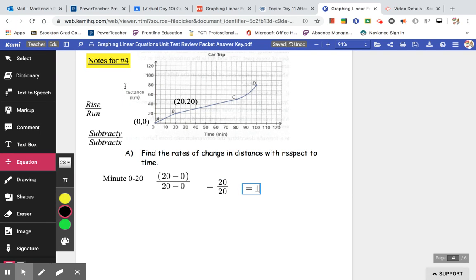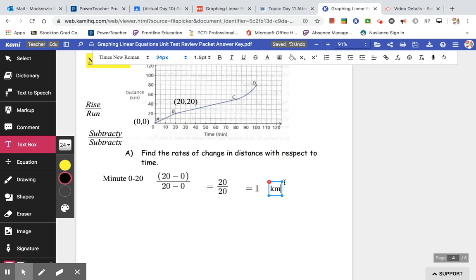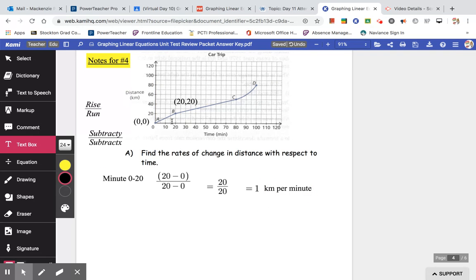And then we always take our y value per the x value. So it's going to be kilometers, km per minute. So kilometers per minute. That will be our first line here from A to B.